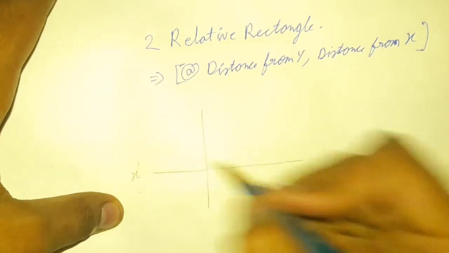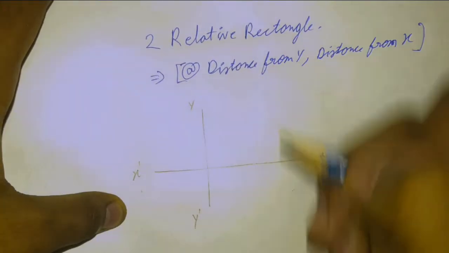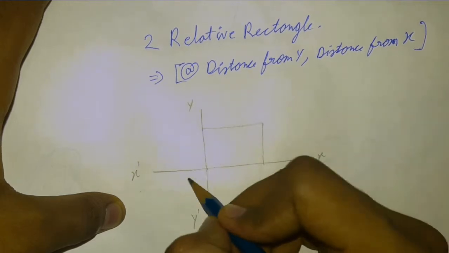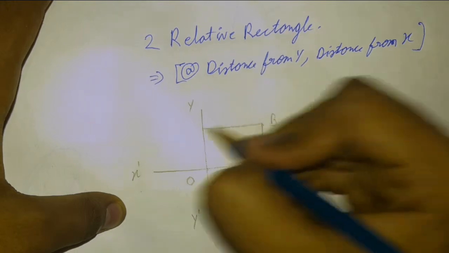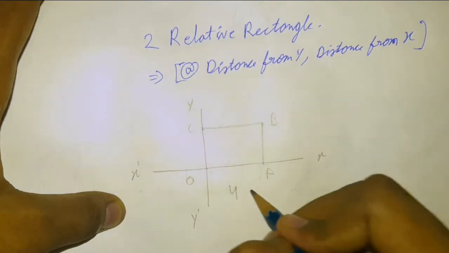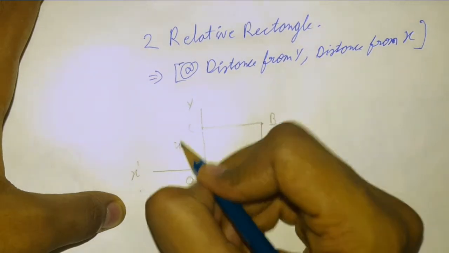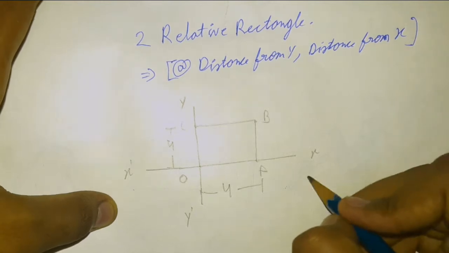Here it is, x dash, x, y dash, and y. Origin point A, point B and point C. Here the distance is 4. Let us find out.